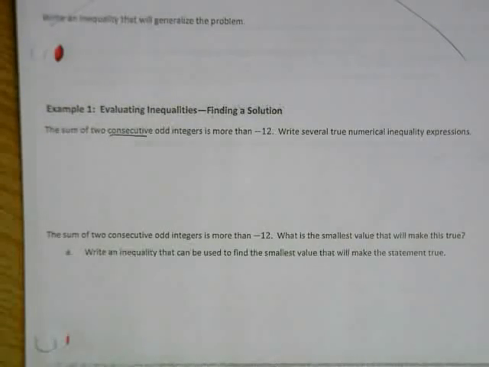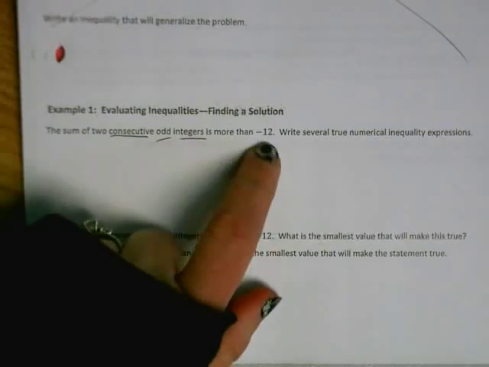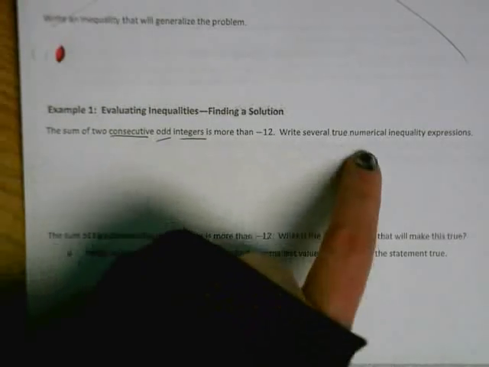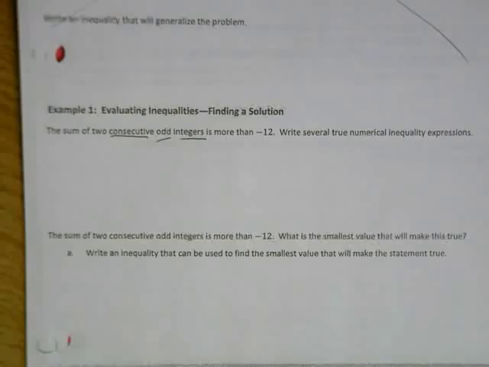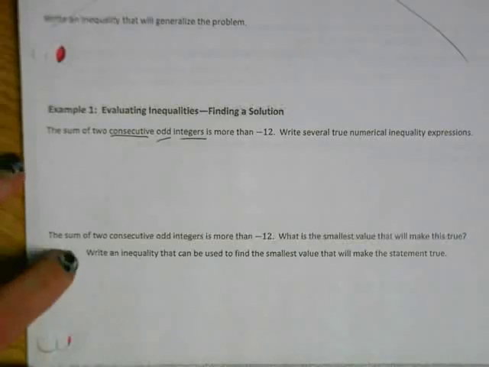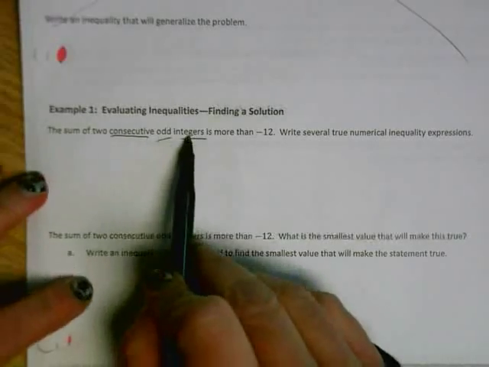So this one says the sum of two consecutive odd integers is more than negative 12. Write several true numerical inequalities for this one. All right, so consecutive odd integers, that means it's like 1 and 3.